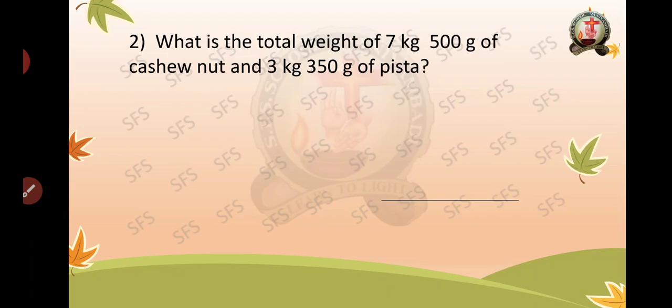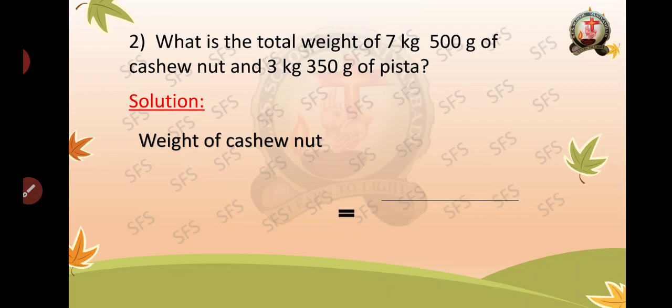Here they have given you the weight of cashew nuts and pista, isn't it? So you have to write it in terms of words. The total weight of cashew nut, that is the weight of cashew nut. What is the weight, children? What is the weight of cashew nut?